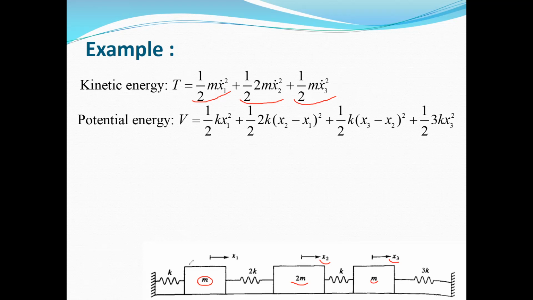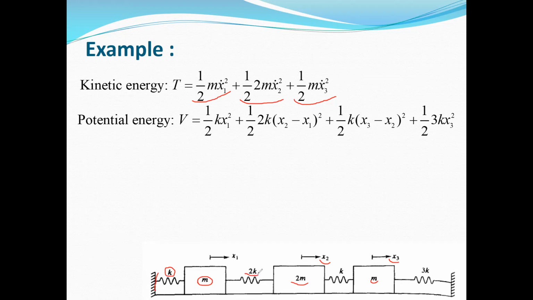In this system, we only have the potential energy due to the springs. The potential energy for the first spring is equal to half times k times the elongation of this spring, which is x1 squared. The other edge of this spring is fixed.